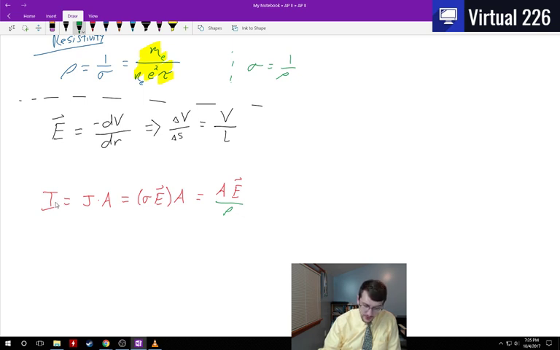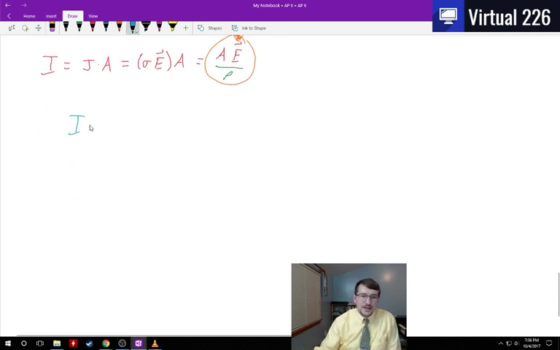We also know that if we look at this equation here, and we look at this right here, this is the electric field. So we can go on to say that the current is equal to A over rho, that's what's already there, times some voltage difference over L. There's the A and L that we've been looking for.